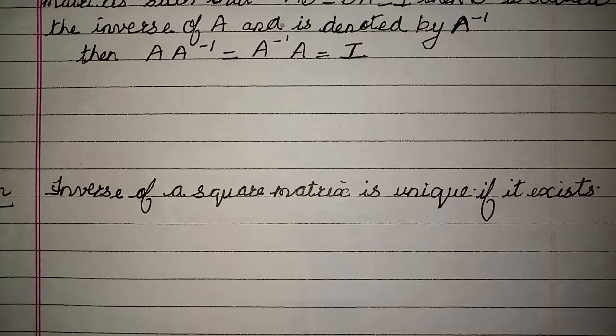A person A cannot find a different inverse of a given matrix, and a person B cannot find a different answer. So the final answer, the inverse of a given matrix, will be the same irrespective of whoever calculates it, keeping in mind the row and column operations.